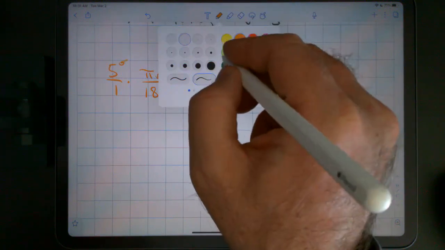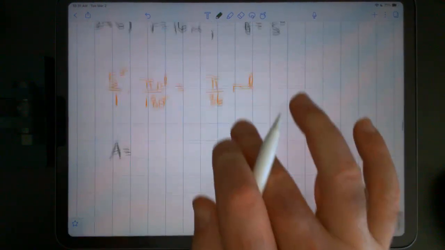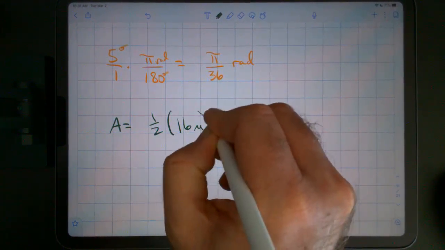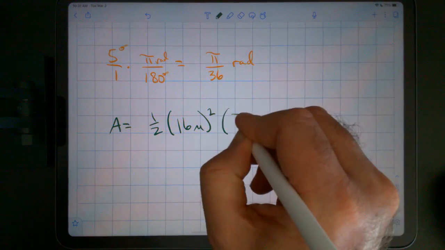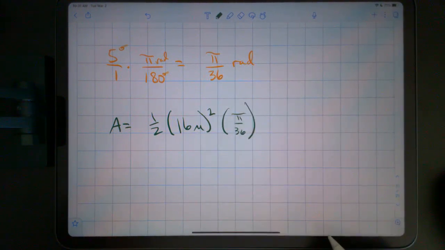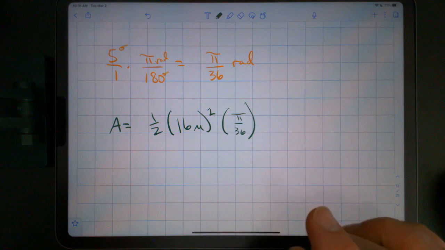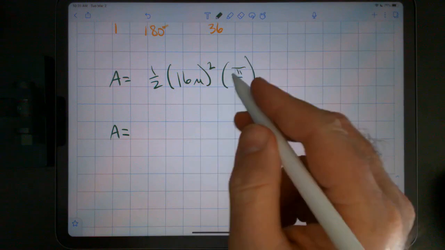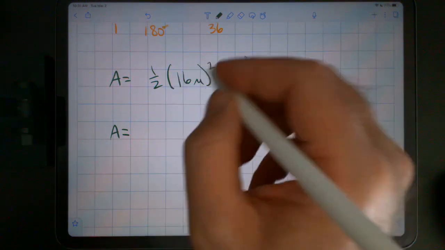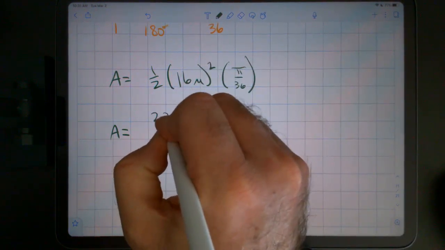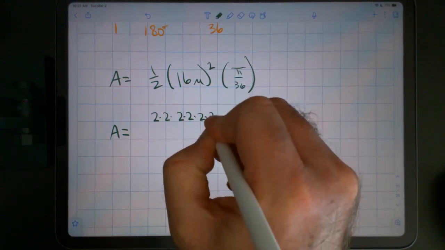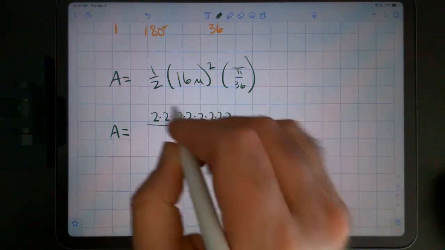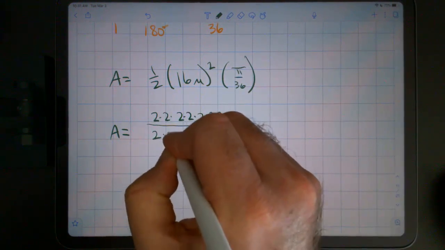So then we have 16 squared. Let's do this. Let's go with that 16 squared. And the 1/2 is 2 and 36.